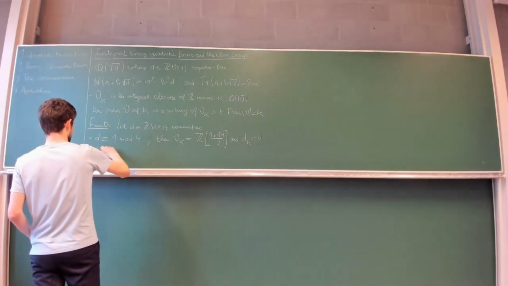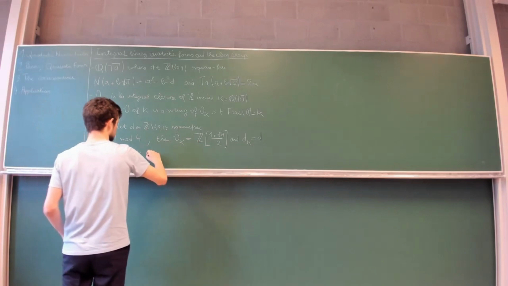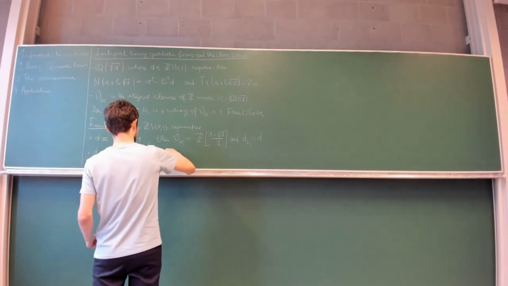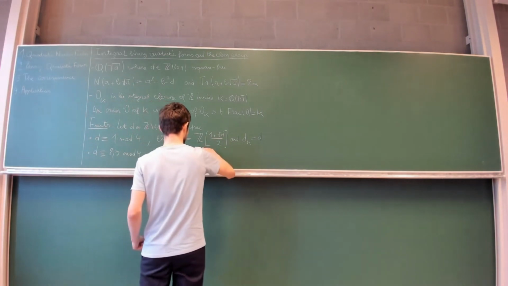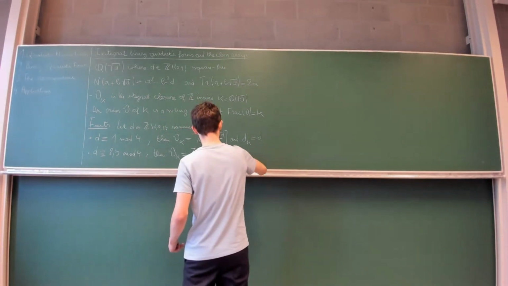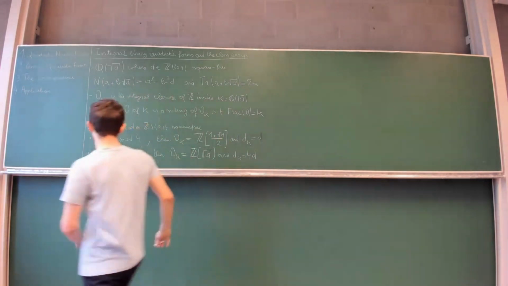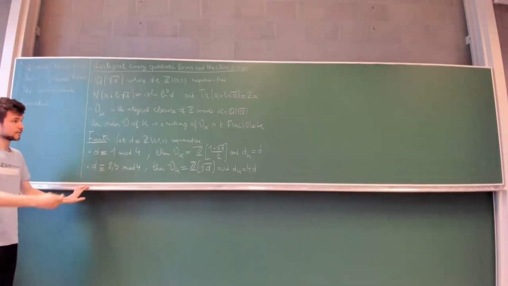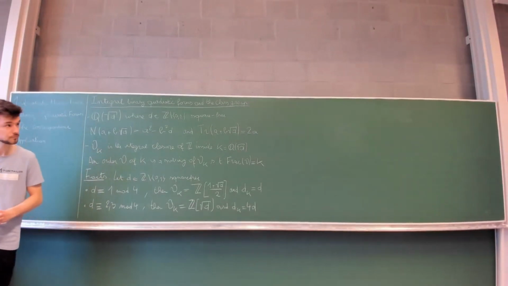And then in the case where d is 2 or 3 mod 4, then O_K is of the form Z with the square root of d added, but the discriminant is equal to 4d. Okay, so these are some characterizations of number fields and their integral closure inside K.